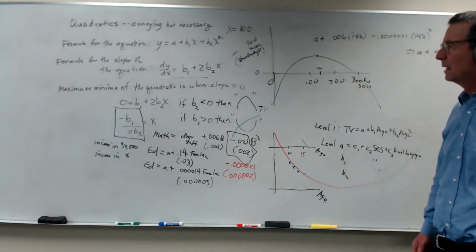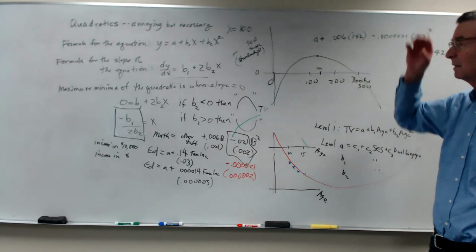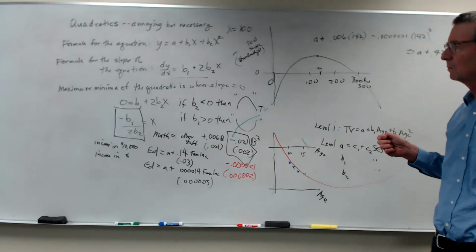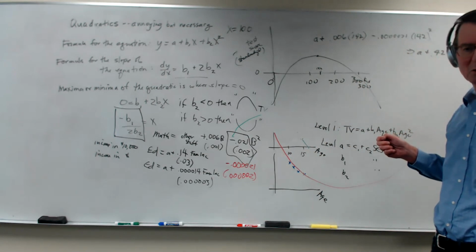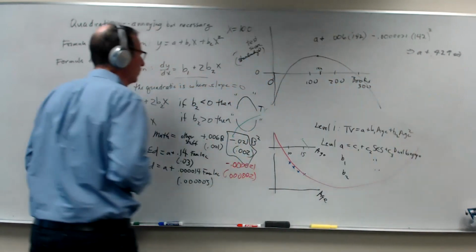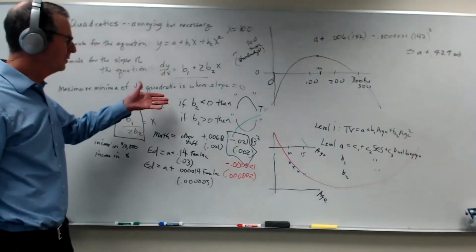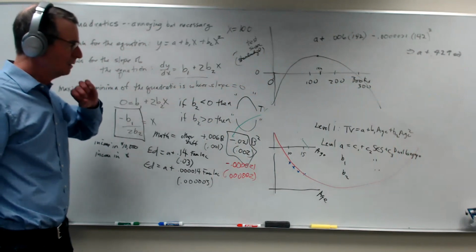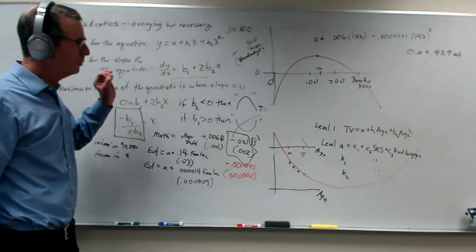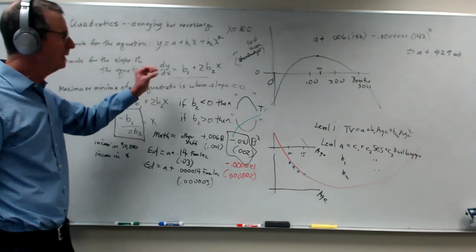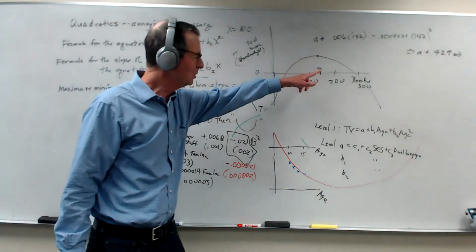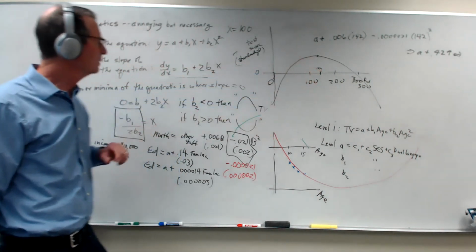If it's theoretically appropriate to have a parabola, if theory tells you that it really would be parabolic, then by all means you should use it. If people have quadratics, now you've got the tools to figure out what the shape of the parabola is. You can look right to B2 to know whether it's inverted U or U shape.